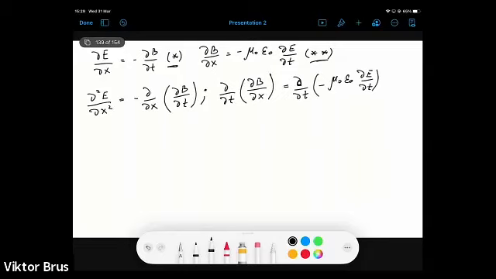Okay, so what do we get? Here we see that we have the same terms in the right side of the first equation and the left side of the second equation, where we have dx and dt here, and dt dx there.